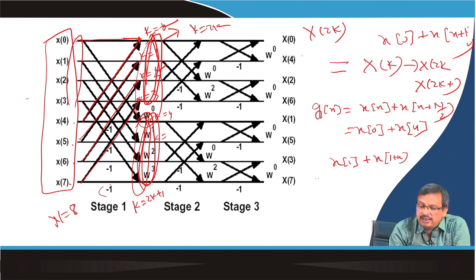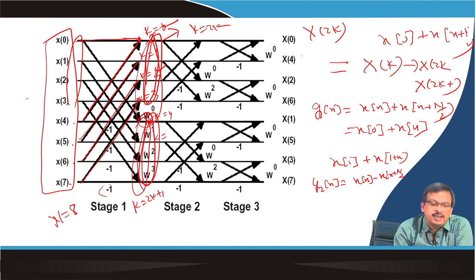So, I know g2 n is equal to x of n minus x of n plus n by 2. In this case, if you see the first one and last one, negation, minus. So, instead of plus I have made it minus, and I get this one.